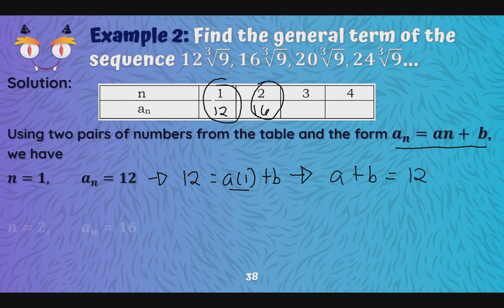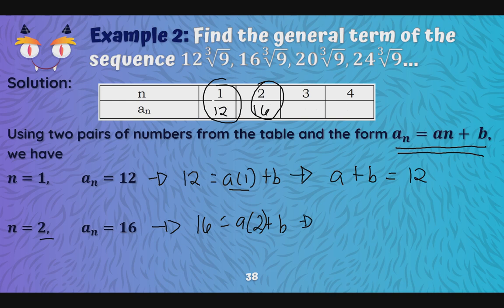Now, for the second pair, let us have a sub n is 16 is equal to, again, sinasubstitute lang natin sa equation na to, a times n natin ay 2 plus b. And we can write this as a times 2 is 2a plus, copy lang yung b, equal to 16. So, ito na yung dalawang equation na gagamitin natin.